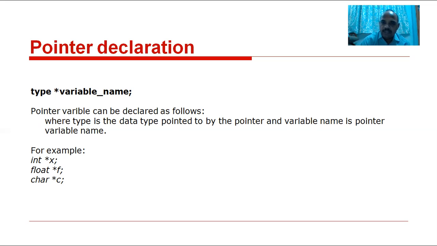That is a pointer object. Clear? So, type asterisk variable name: int asterisk x, float asterisk f, char asterisk c, and class name asterisk object name. That is a pointer object. Clear?